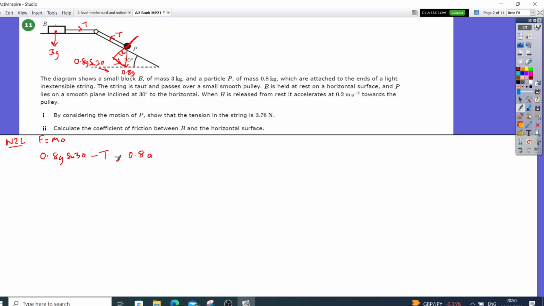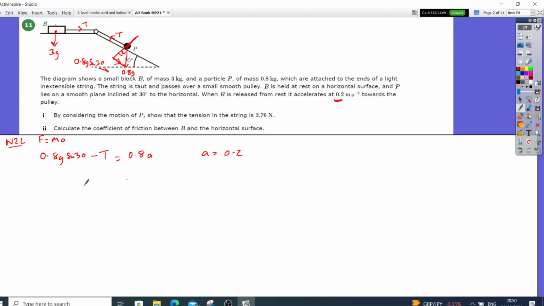If we've got that, what else do we know? It tells you to show that T is that value. Have we been told anything else? Yes, we've been told that when B is released, it accelerates at 0.2, so a equals 0.2.